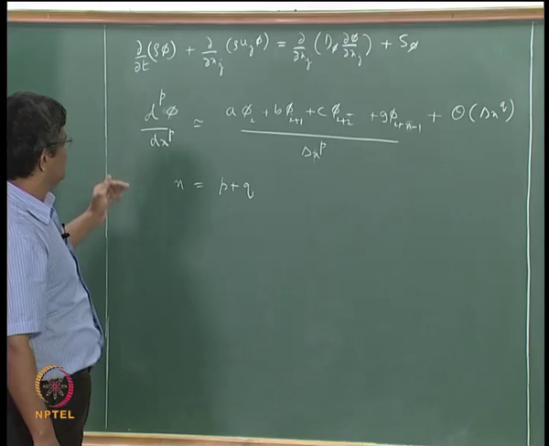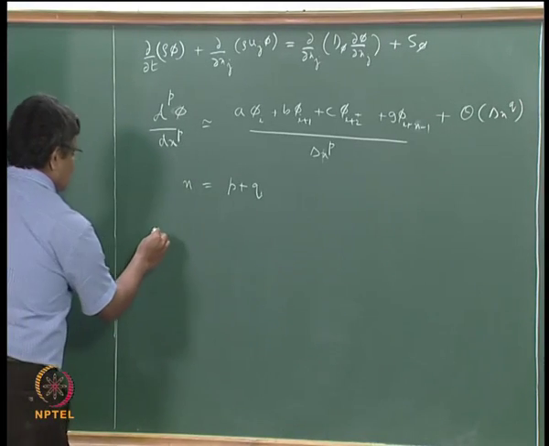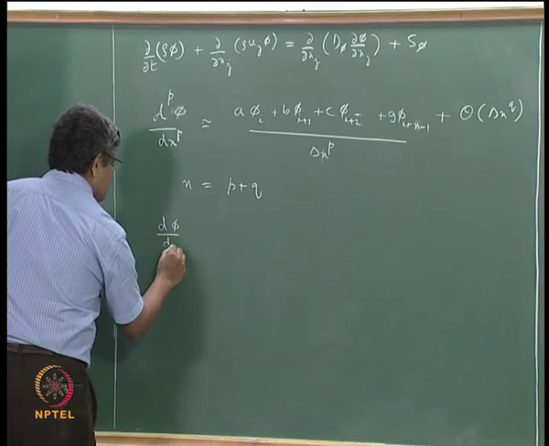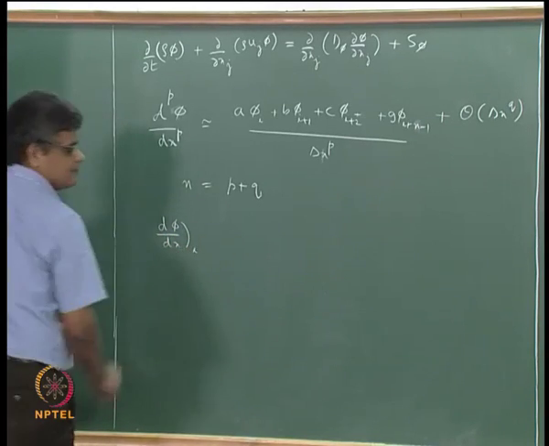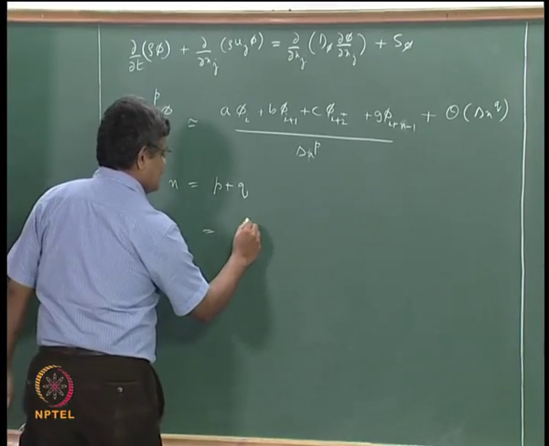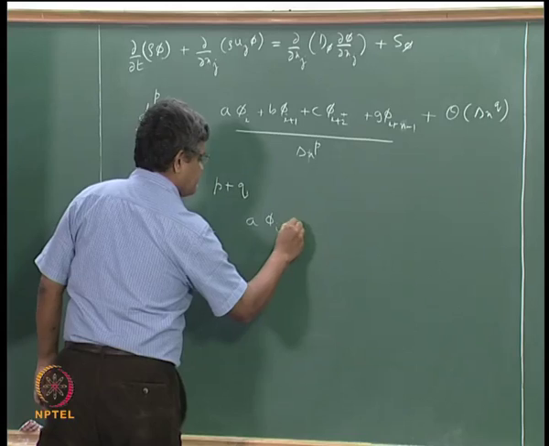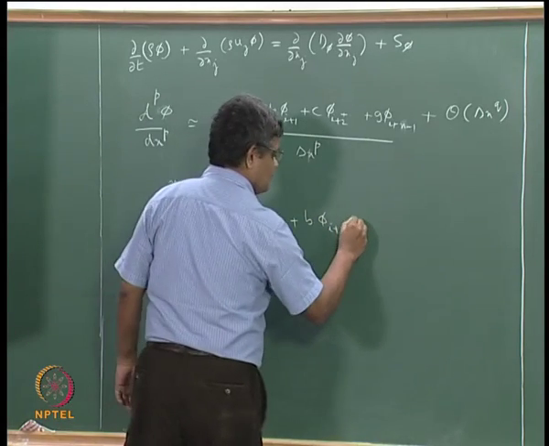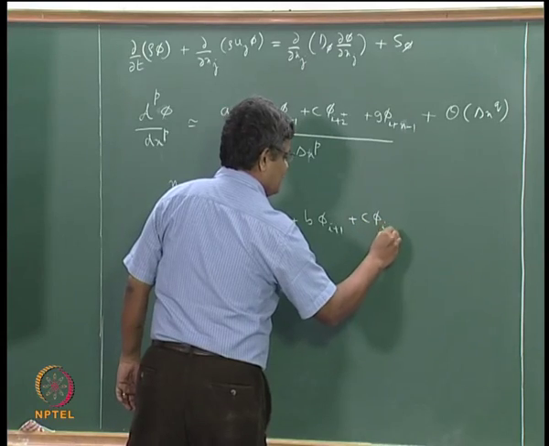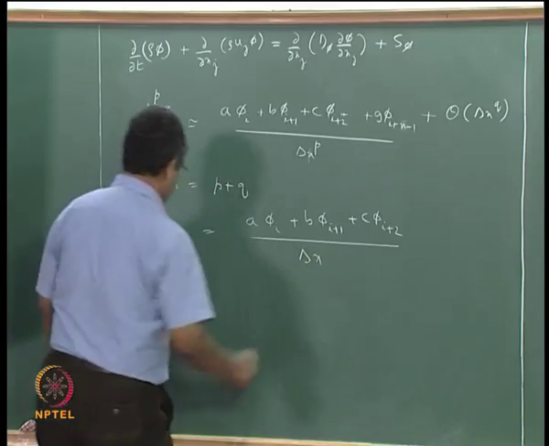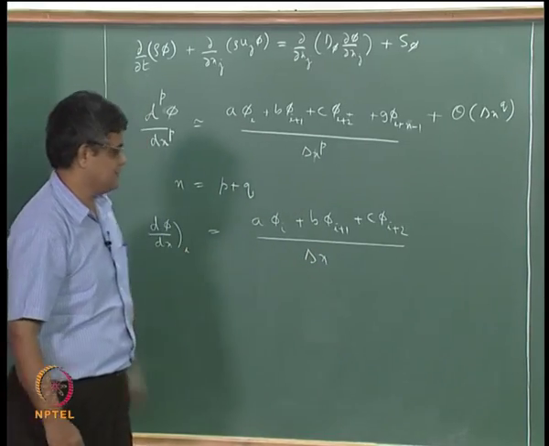We will illustrate this for a simple case of a first derivative, d phi by dx at I, written as a phi I plus b phi I plus 1 plus c phi I plus 2, divided by delta x for dimensional consistency.